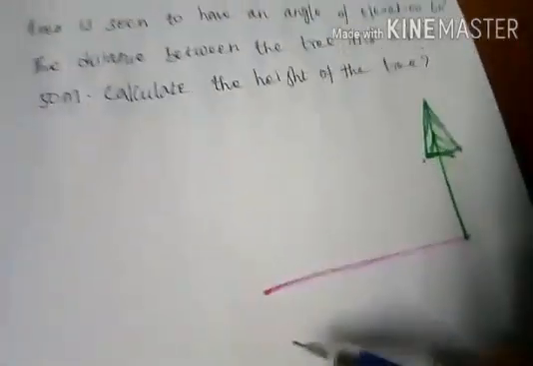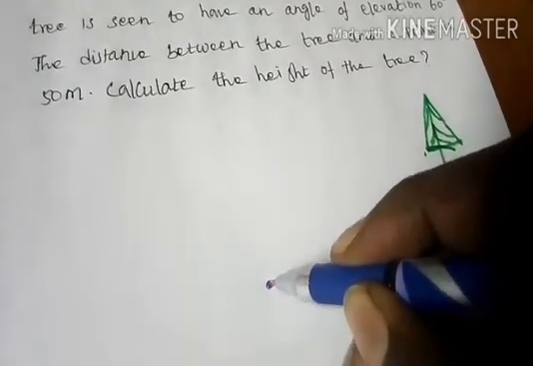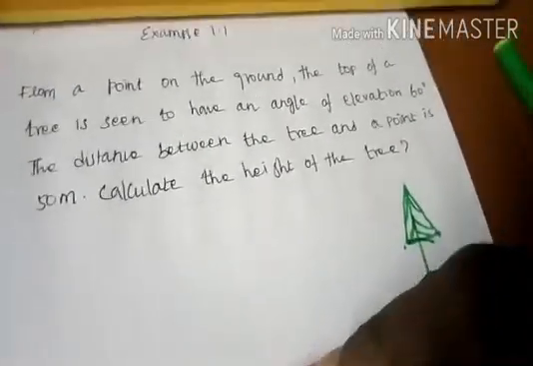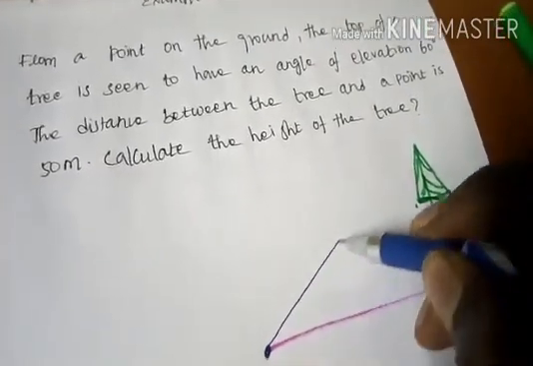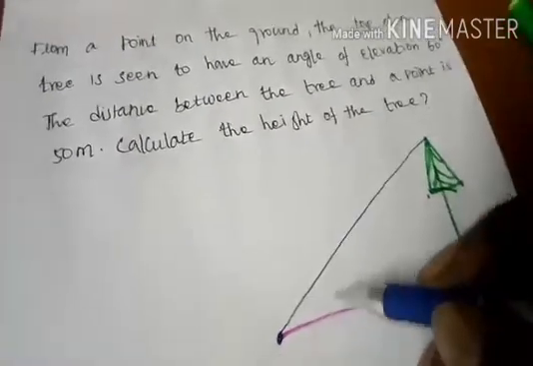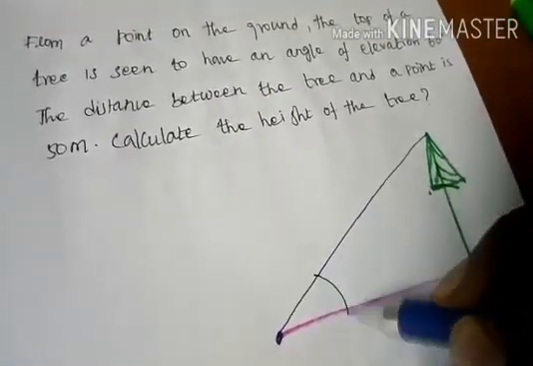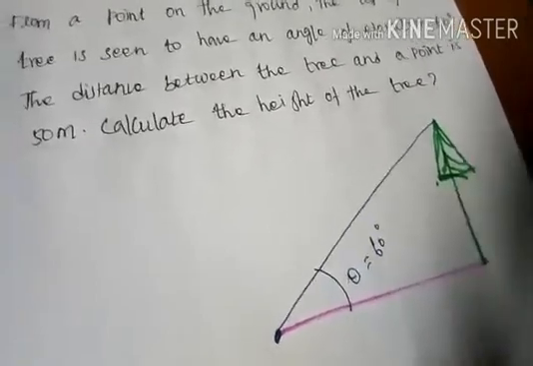Now, here this is a point. So from a point on the ground, the top of a tree is seen to have an angle of elevation theta equal to 60 degree.